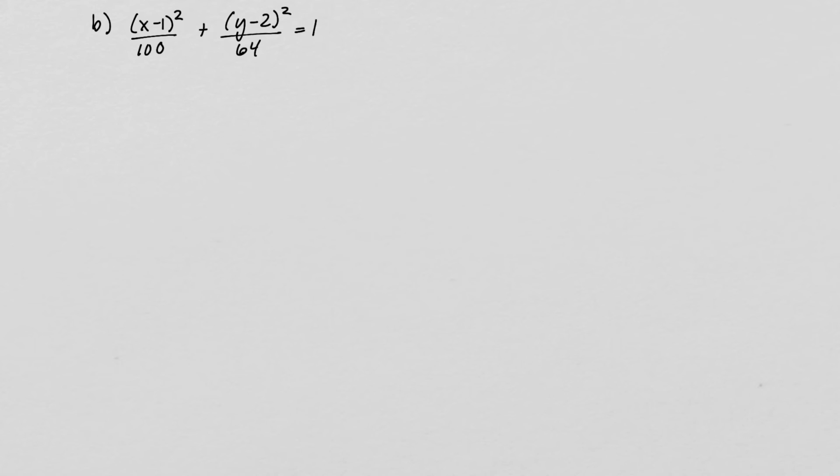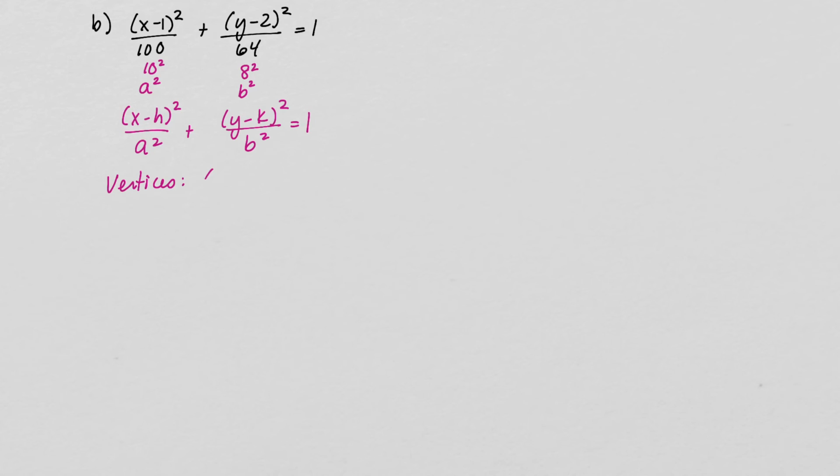The bigger number here is 100, which is 10 squared, so this is my a squared. 64 is 8 squared, so that's my b squared. In this case, we're going to match it up with (x minus h) squared over a squared plus (y minus k) squared over b squared equals 1, and use the formulas for that case.